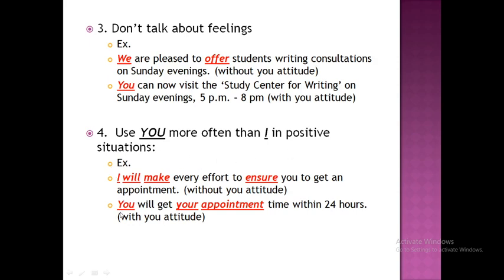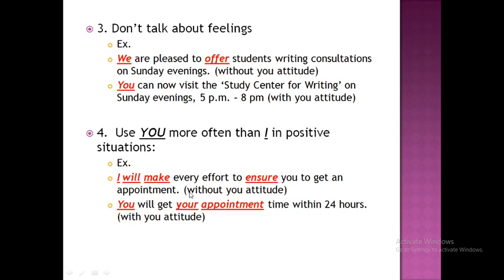When positive situations are shown, or used to share ideas or thoughts, you use "you" more than "I." For example, "I will make every effort to ensure you get an appointment." Here the efforts are made by the person, the writer who wrote this.